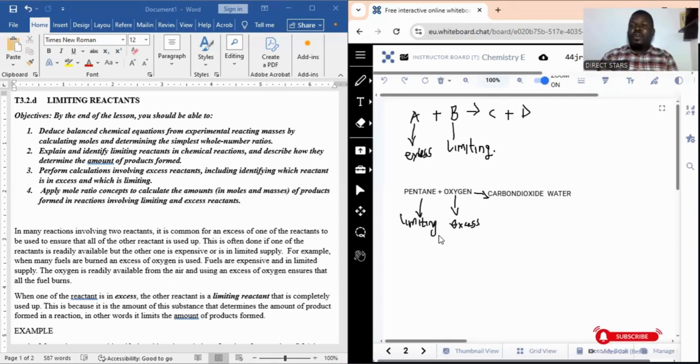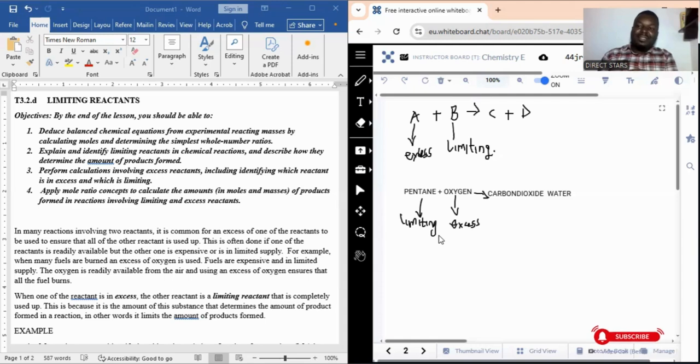Take a good example of our gas stove that we use in the kitchen. The gas stove is designed in such a way to ensure that the amount of oxygen that is taken in during the combustion process is in excess. And that is why you always have a blue flame when you use the gas stove.